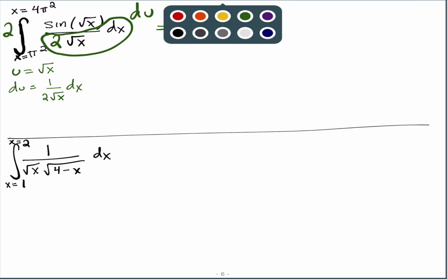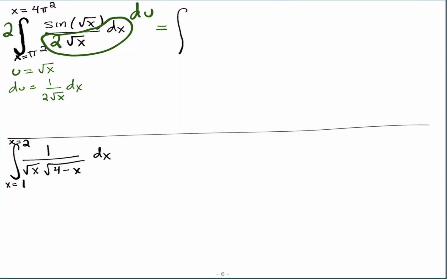This is equal to the integral of sine of root x, which is u, du, right? Does that make sense? So what about the 2 on the outside? It still goes there, yeah. The 2 should still be there.